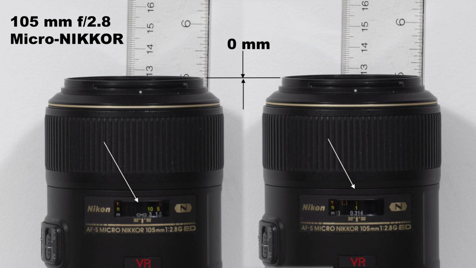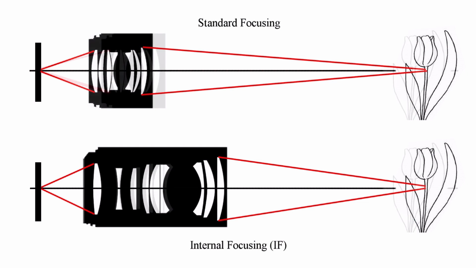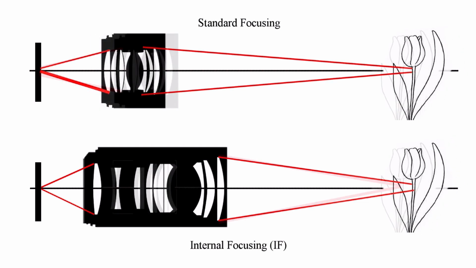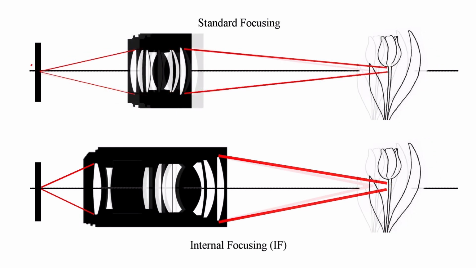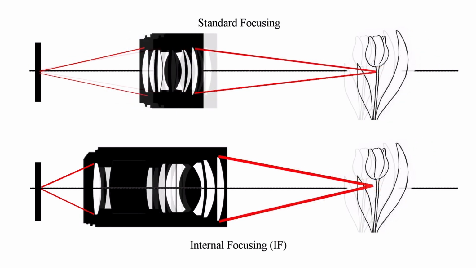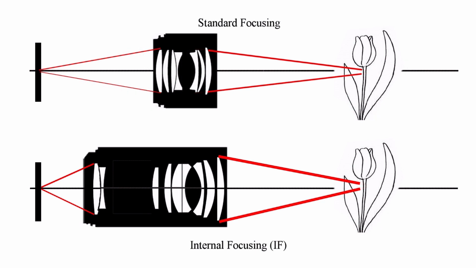In internal focusing, instead of having all the elements moving forward or away from the sensor, the front lens doesn't move and the other lenses inside are changing position relative to each other with different displacement.